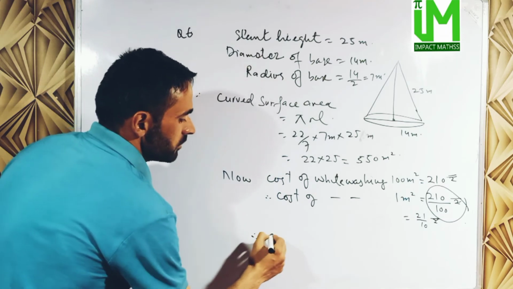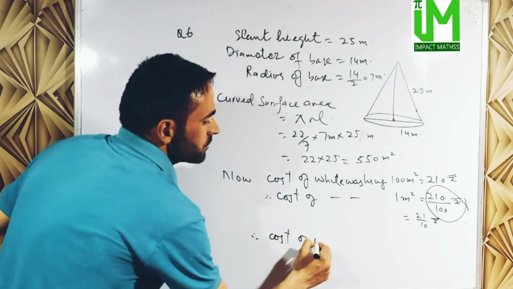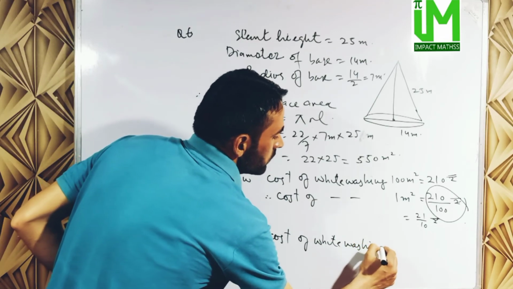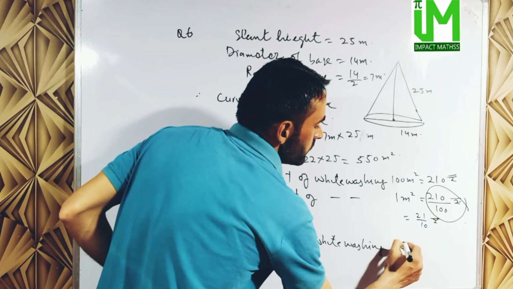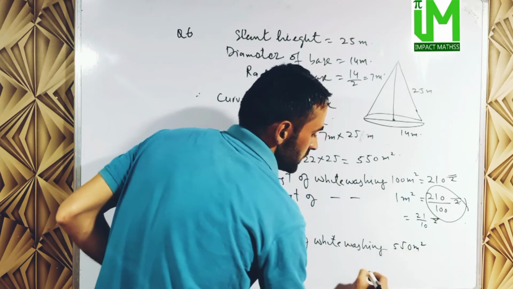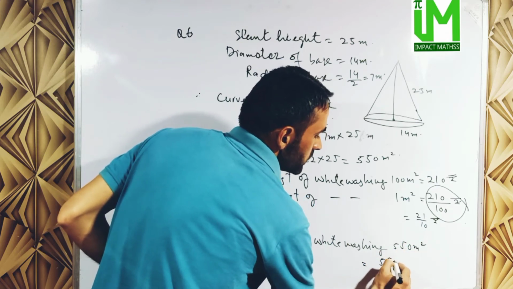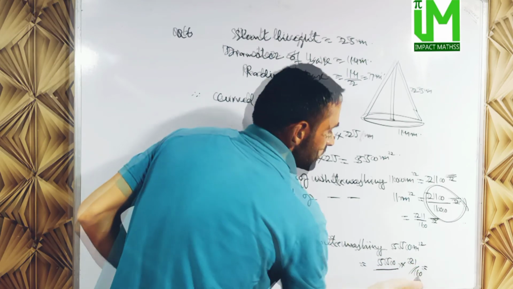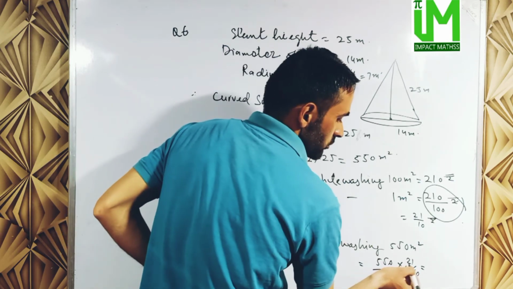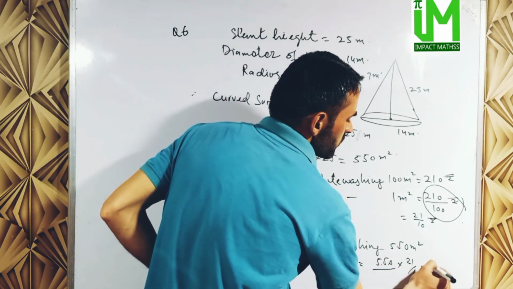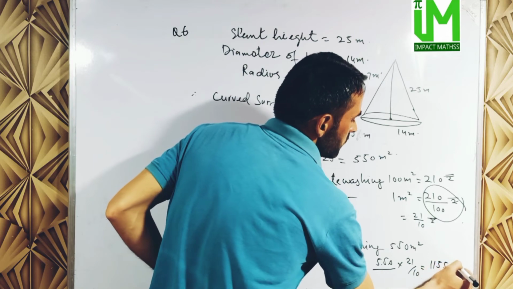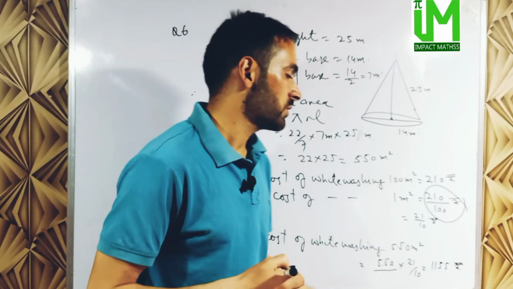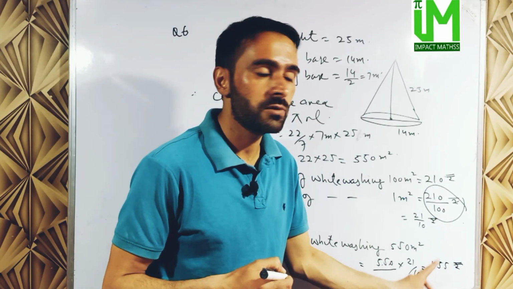So the cost of whitewashing 550 meter square is 550 into 21 divided by 10. The 0 gets cancelled, so it will be 21 into 55, which is 1155 rupees. That means the cost of whitewashing 550 meter square will be 1155 rupees.